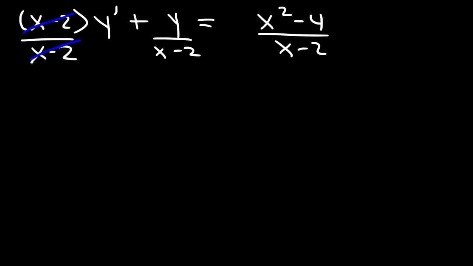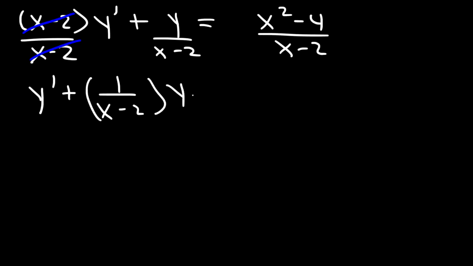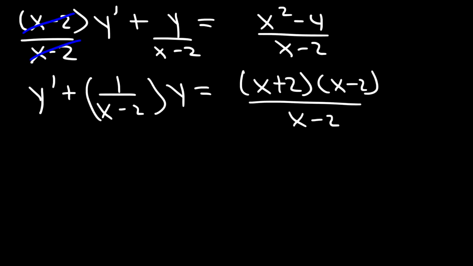So these will cancel, and we're going to have y prime plus 1 divided by x minus 2 times y. Now x squared minus 4, you can factor it using the difference of perfect squares. So it's x plus 2 times x minus 2. And therefore we could cancel the x minus 2 term. So the equation in standard form is as follows.